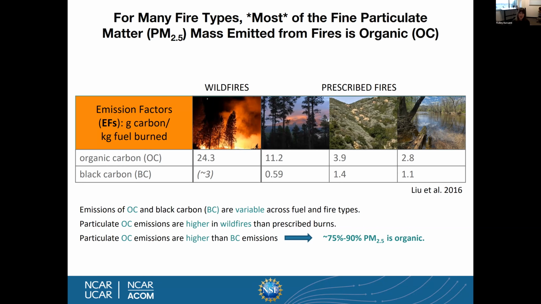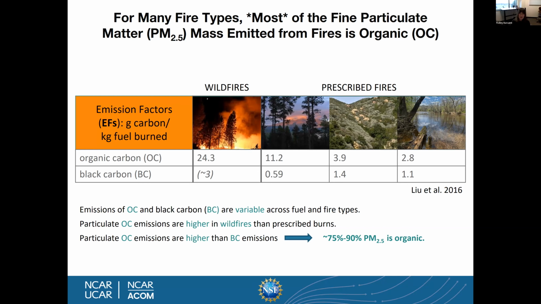This is just a snapshot of some organic carbon and black carbon emission factors. These figures are illustrative of the ecosystem that these fires were sampled in, and this one column here is wildfires. So we have temperate forest wildfires and prescribed burns, and then prescribed burns in another set of ecosystems here.